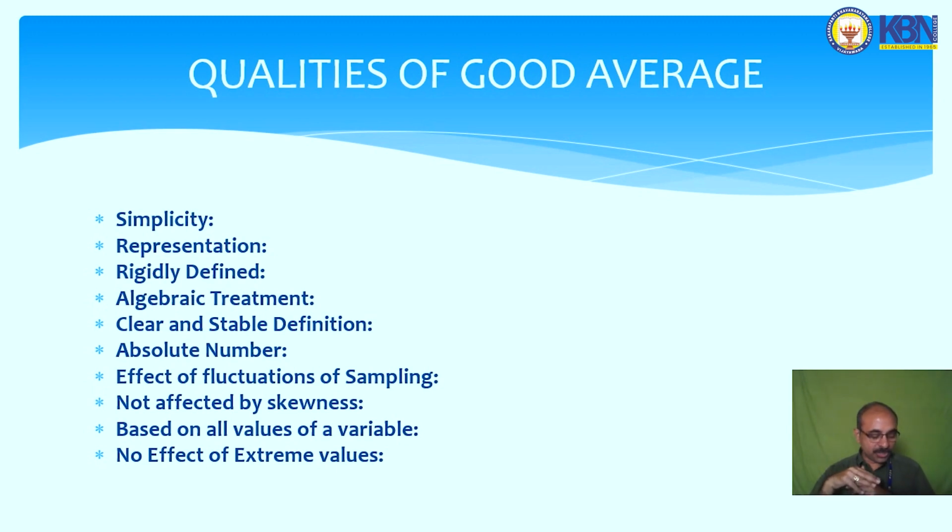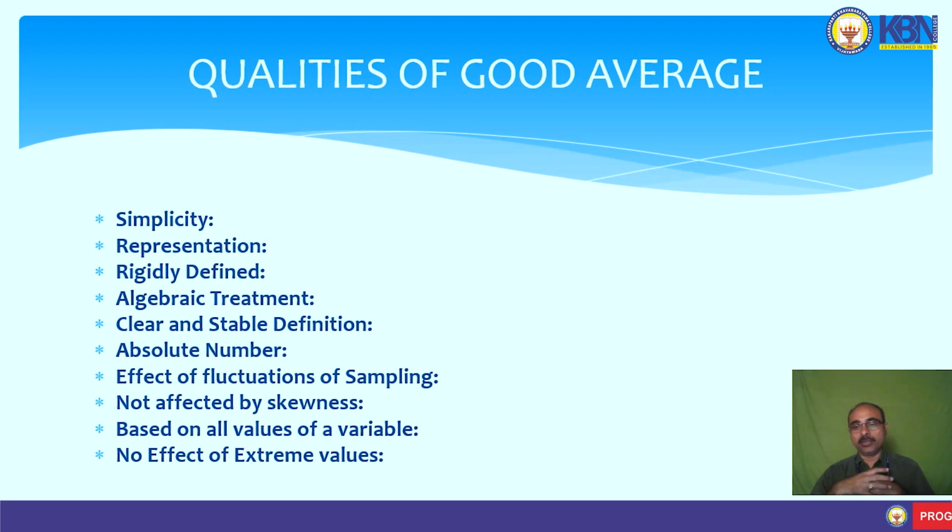Next one, it should be based on all values of the variables. That means each and every variable must come under the calculation. We should not leave out any variable; every variable should be taken into consideration. However, a few averages that we are going to discuss in the next topic will not come under a good quality average. Why?